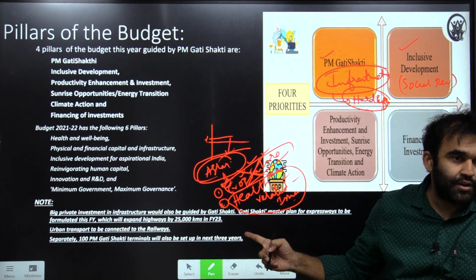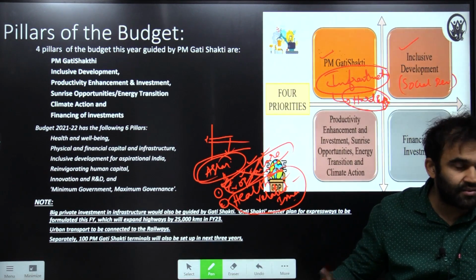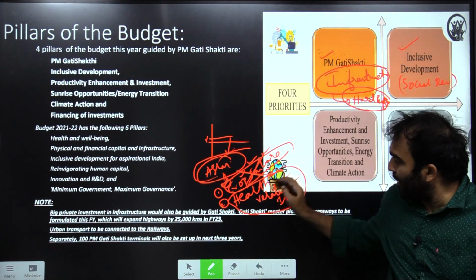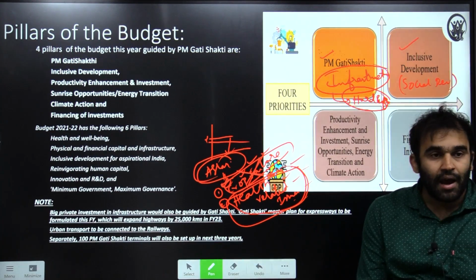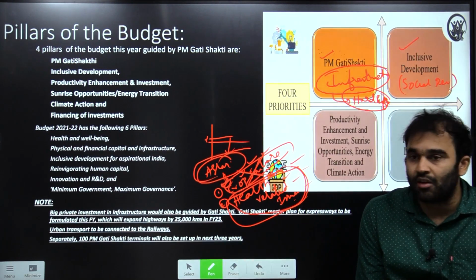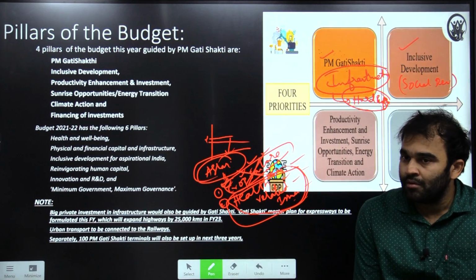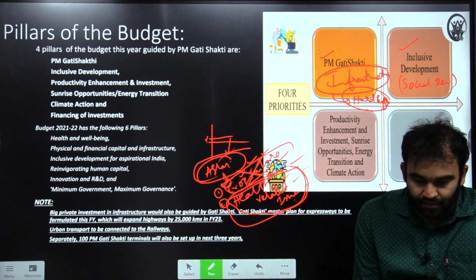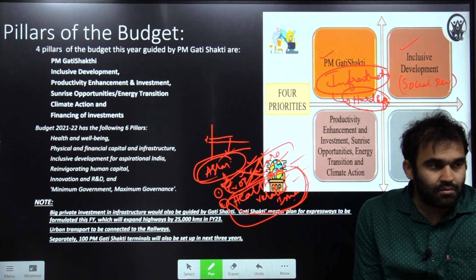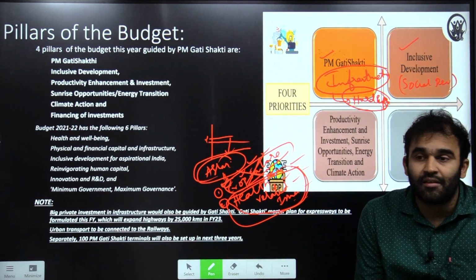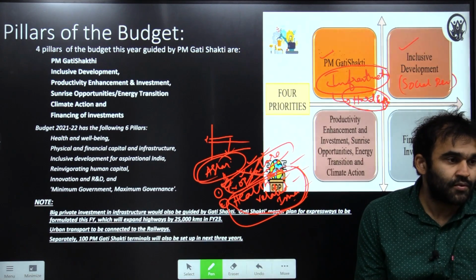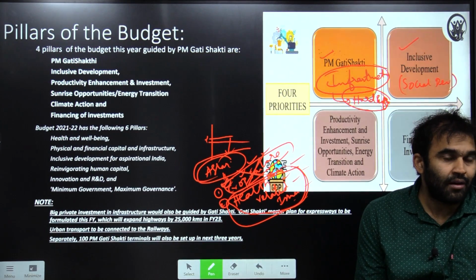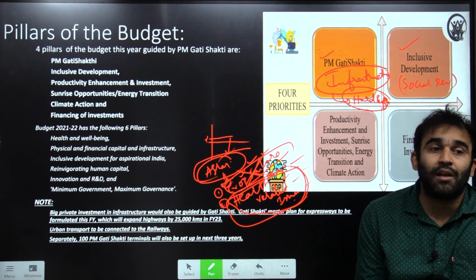Now came COVID. So COVID has in fact worsened this particular problem of Indian society in general and rural society in particular, remember that. So this year you can expect questions on the schemes, particularly health related schemes, rural development related schemes, and also food security related schemes.